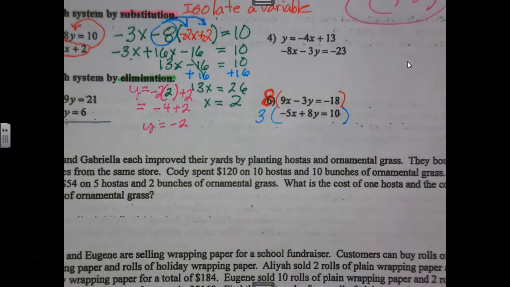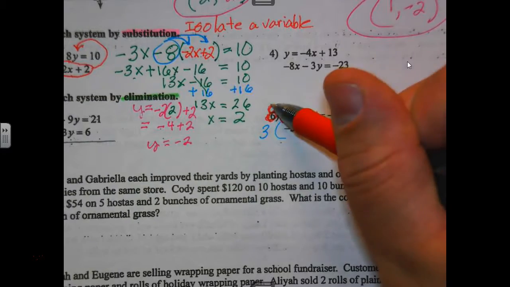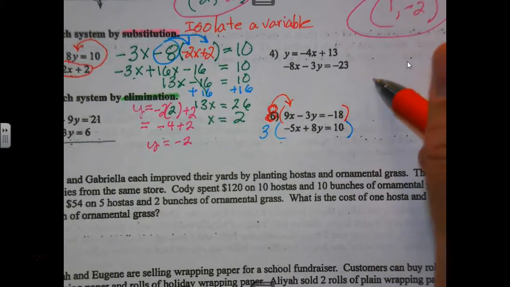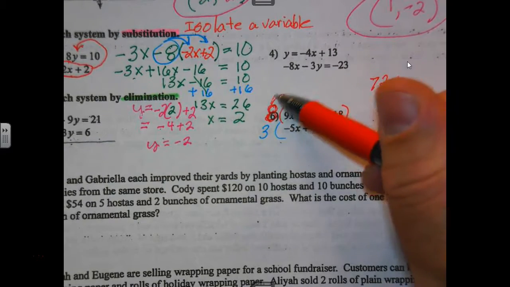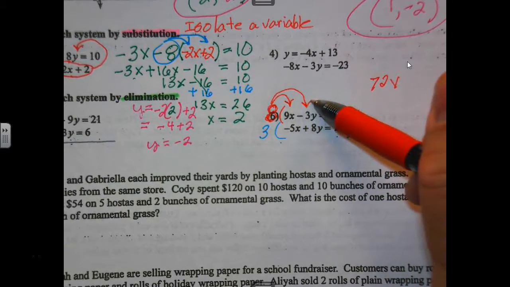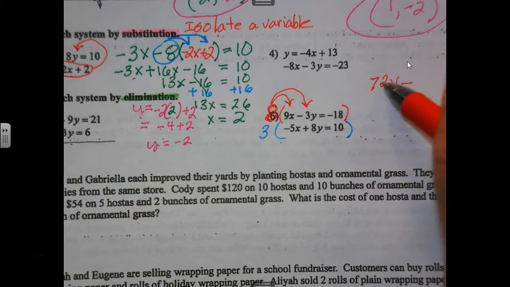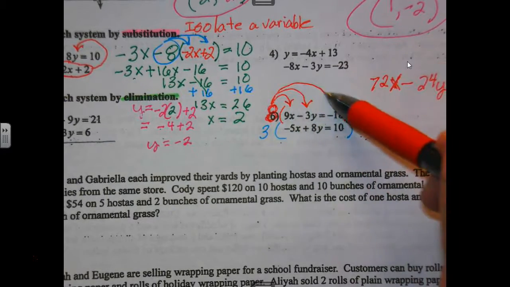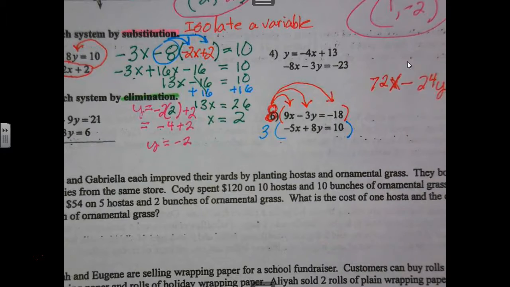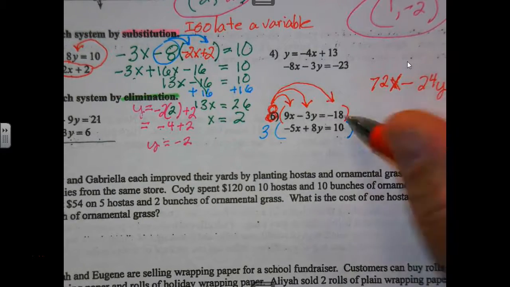Once I do that, 8 times 9x is 72x. 8 times minus 3y is minus 24y. Don't forget the negative 18 times 8, that'd be negative 144. Don't forget the negative.